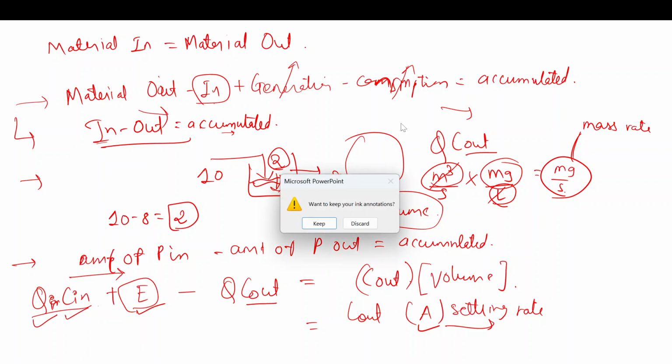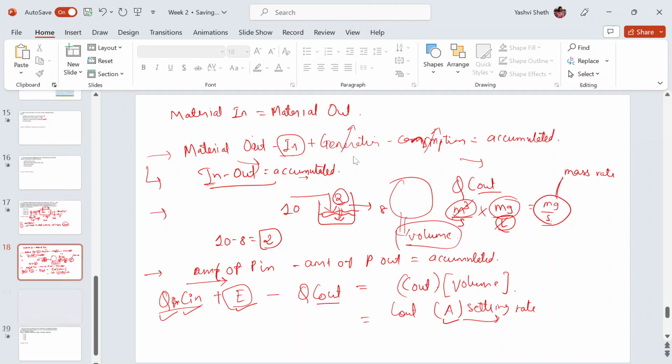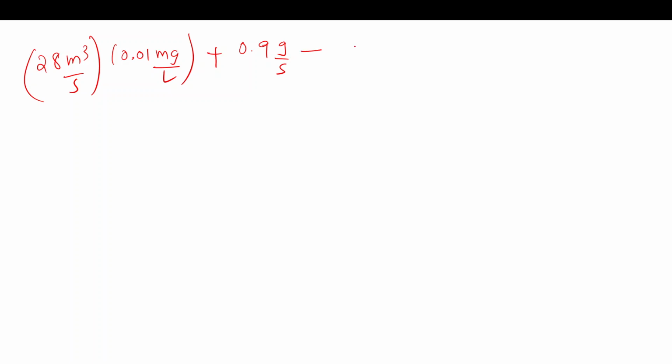Let me move to a new slide. So putting in the values, Q is given as 28 meter cube per second, into C in, which is given as 0.01 milligram per liter, plus inlet of effluent is given as 0.9 gram per second, minus what is coming out, Q into C out. To avoid confusion with units, it is advisable to write units whenever you write a value.